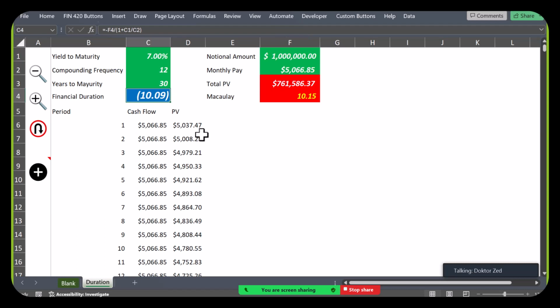It's similar to gamma in options. In options, we looked at the delta, right? But delta itself is not constant. Here, financial duration is not itself constant. The change in that is called convexity.